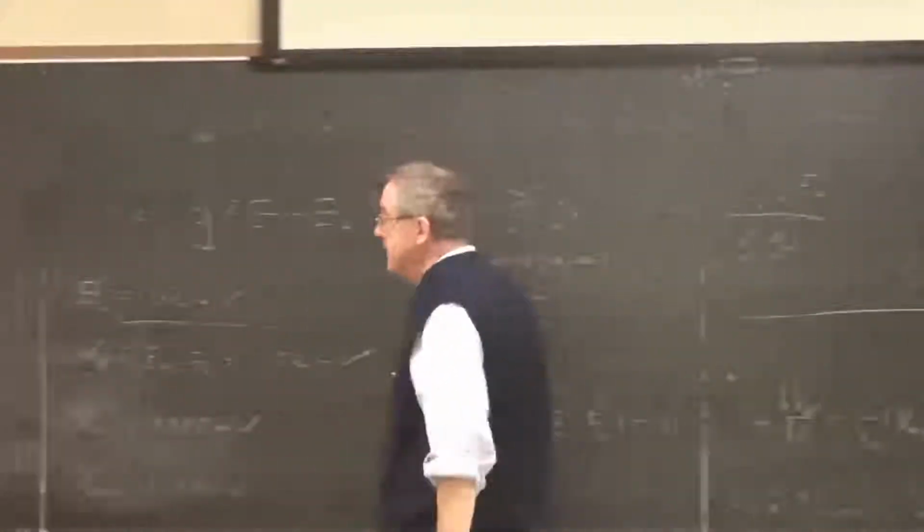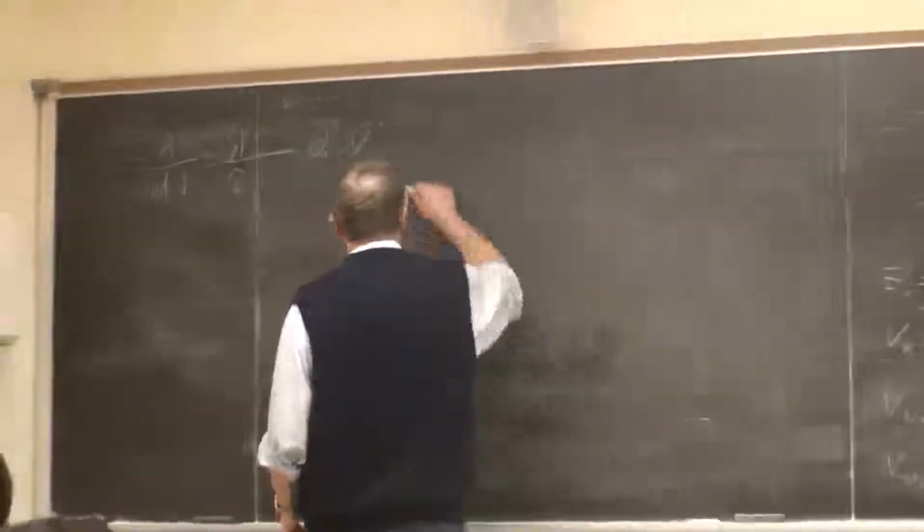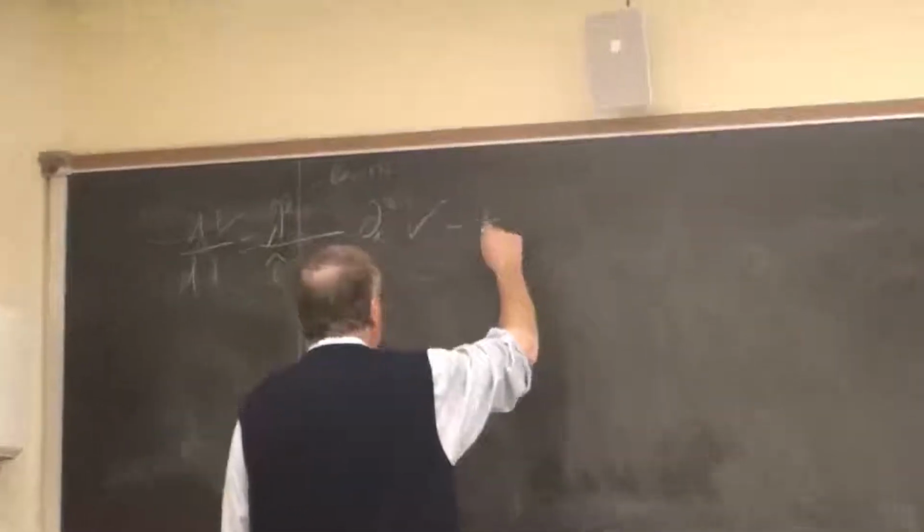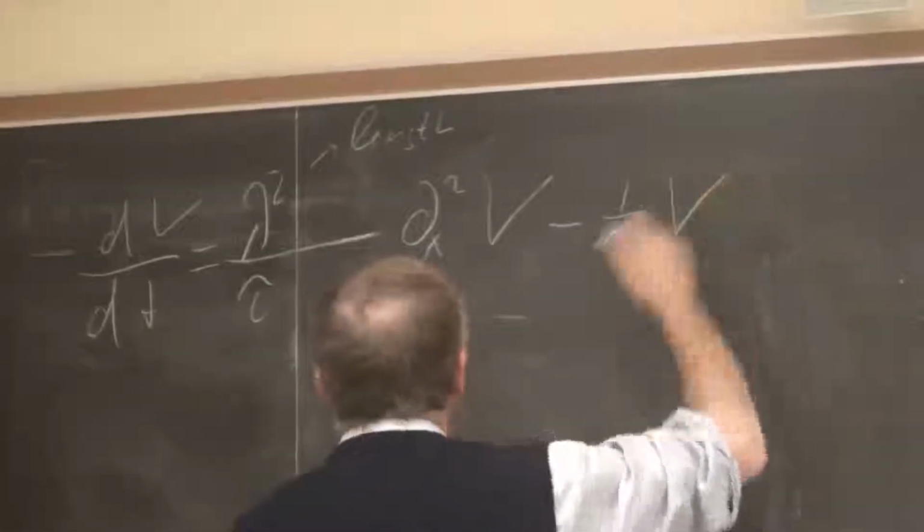So I'm getting the second derivative, and then minus 1 over tau V.